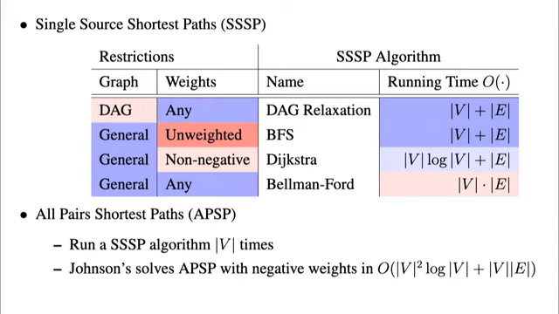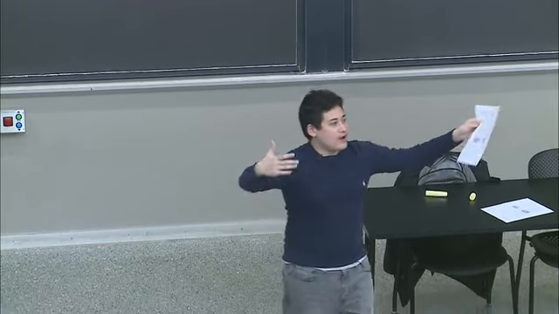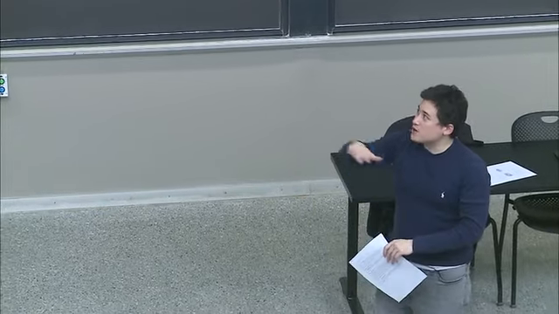BFS explores things in levels, right? Increasing in the number of edges as we go out, and I process all of the ones in the same level at the same time.